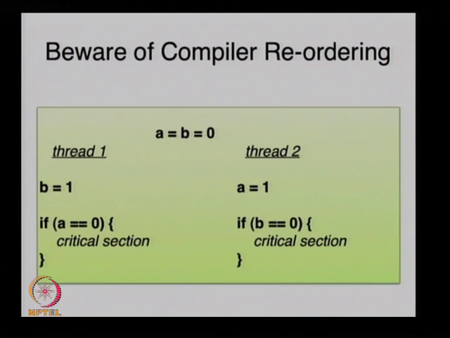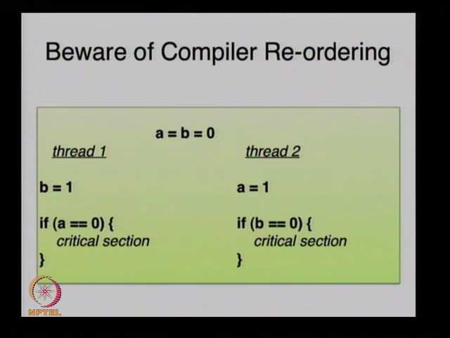So now let's look at one example of what I was talking about. I've got two threads. The thread on the left is thread 1. The thread on the right is thread 2. In the beginning, variables A and B, which are shared by both, are set to 0.